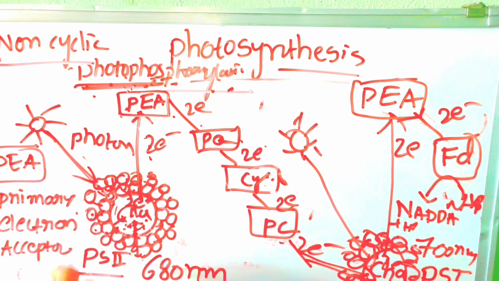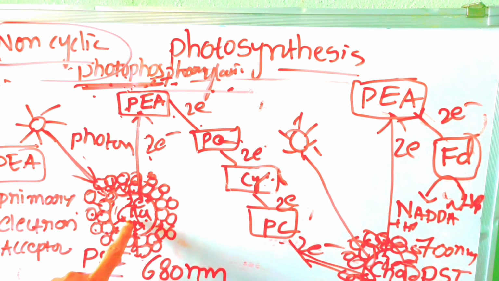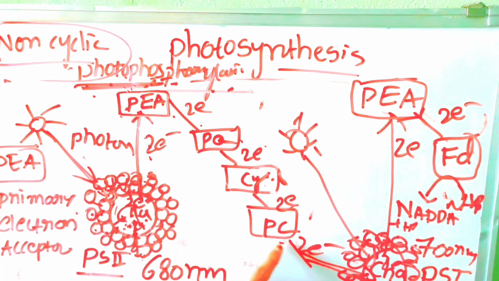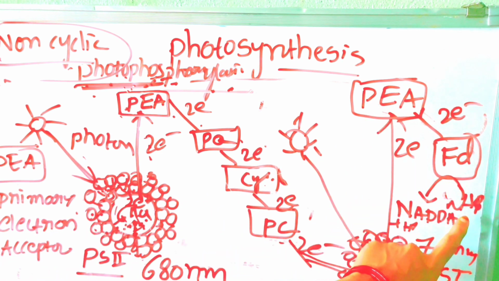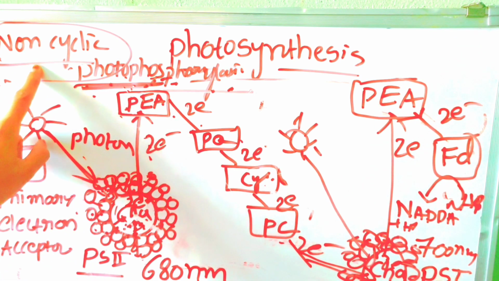First, this is a non-cyclic photophosphorylation reaction because a pair of electrons is released from the chlorophyll A reaction center and never comes back to the chlorophyll A. The electrons enter the excited state and ground state again in the reaction center of photosystem 1, but they never come back into the chlorophyll A. So the name is non-cyclic photophosphorylation.